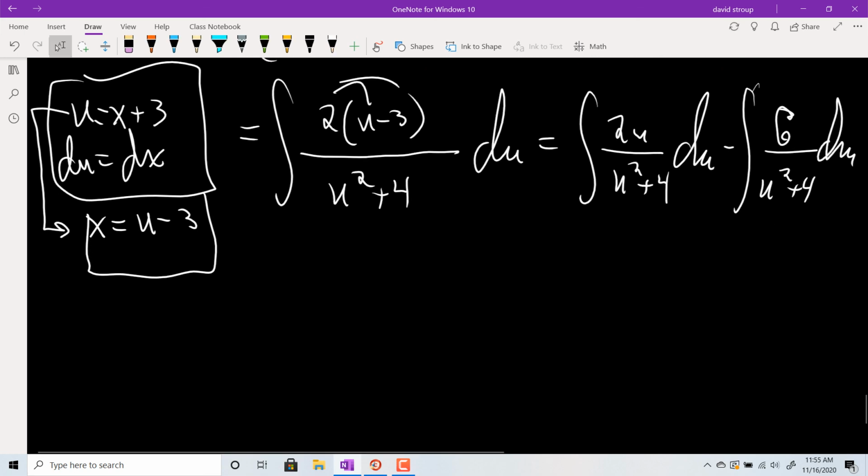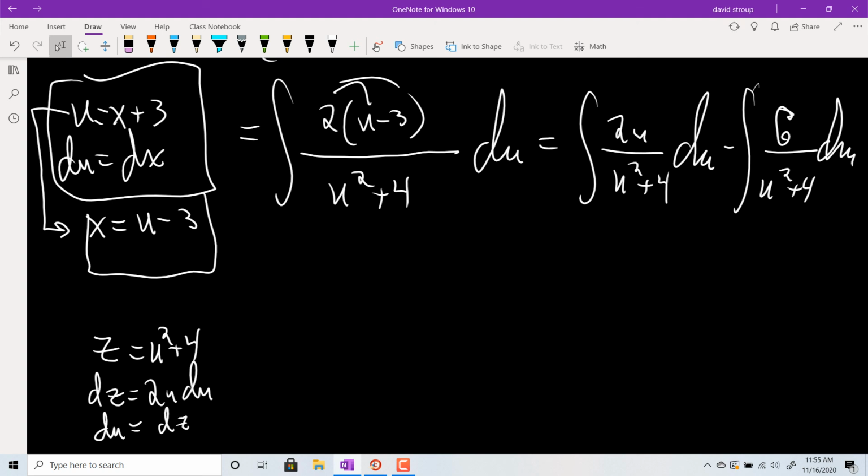Let me do a u sub on the first guy, or rather a z sub. So z is u squared plus 4, and then dz will be 2u du, and then du will be dz all over 2u.